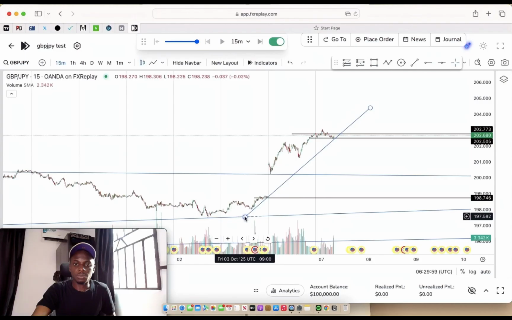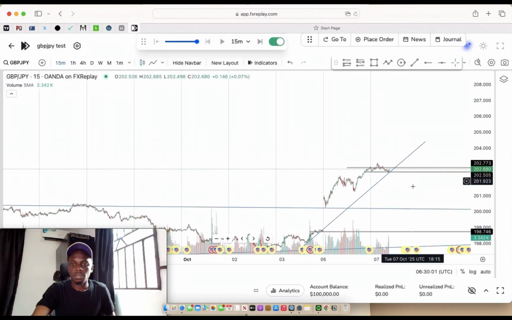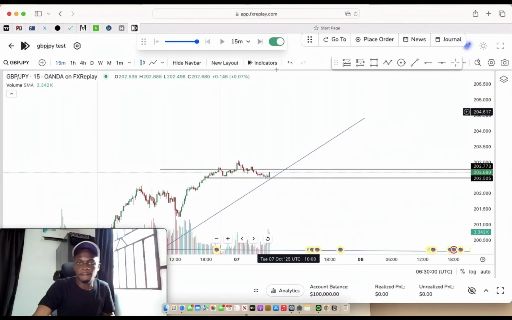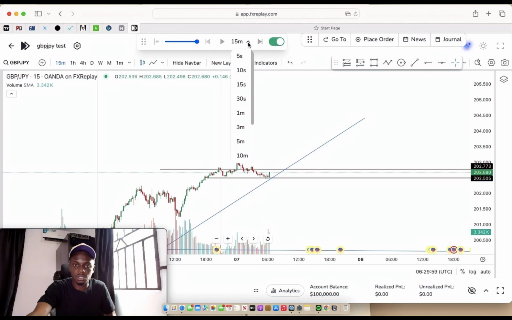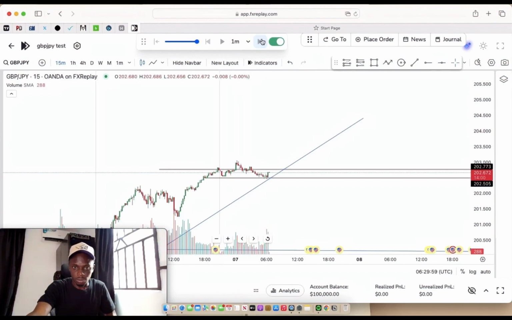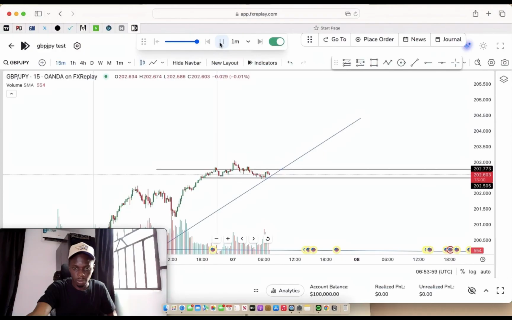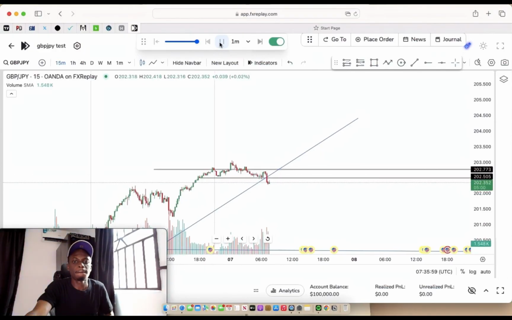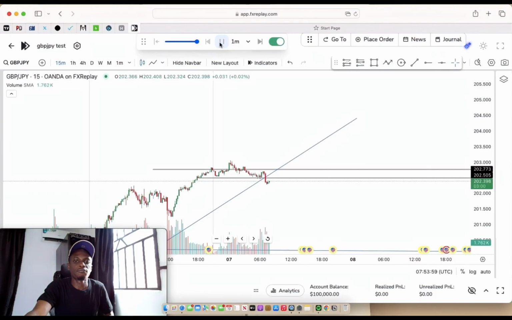So we have two touch points here, and price already took out the high. Let's see if there's a possibility of continuation, or we just want to start dropping. Let it cook.